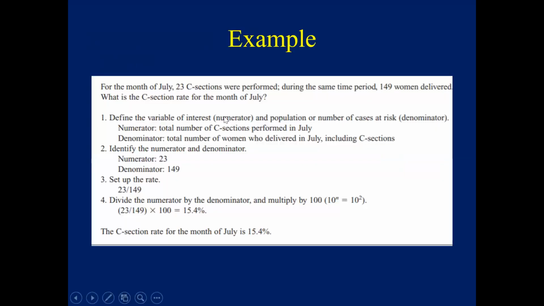For example, if I want to calculate the cesarean rate for the month of July in a particular hospital, the numerator is the number of C-sections performed in that month, divided by the denominator, the total number of women who delivered in July. This July relates to the time duration.